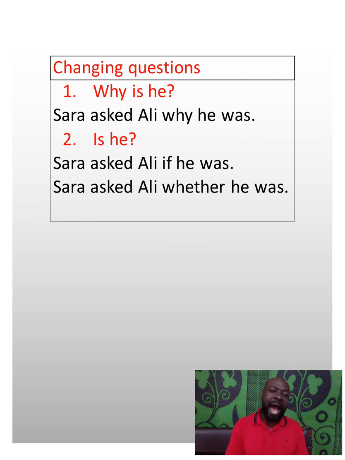Number 1, why? Number 2, instead of is, we put if. If we jump and say he was. However, sometimes you can also use the word whether. Whether or if. Sarah asked Ali whether he was.